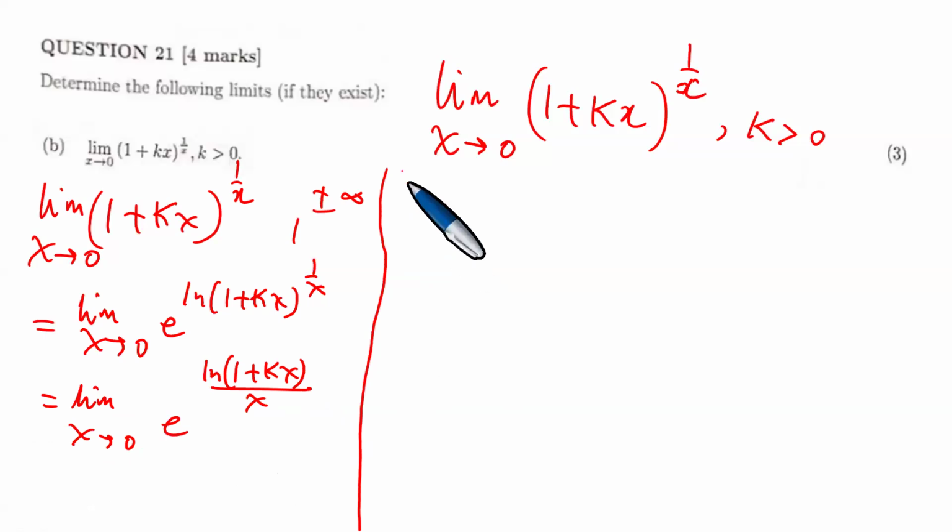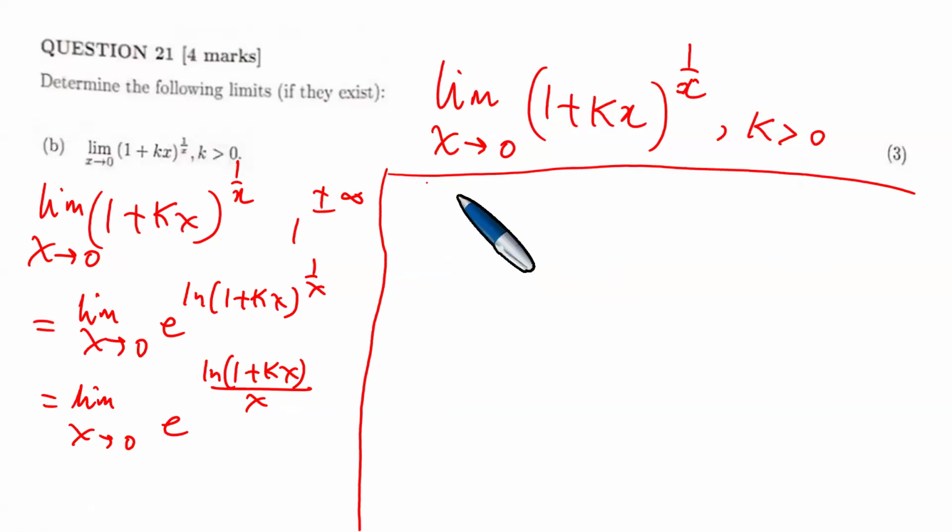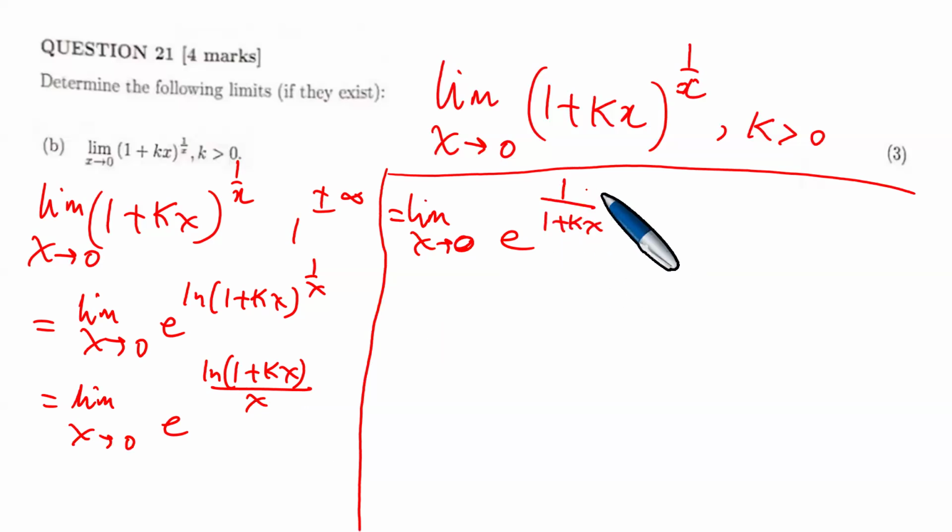So whatever you have here, you have the limit as x approaches 0 of e to the power, then 1 over 1 plus kx, times k.